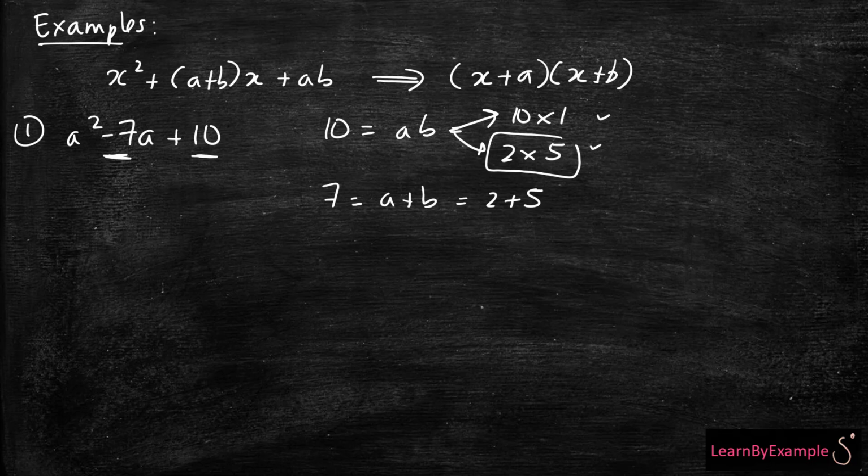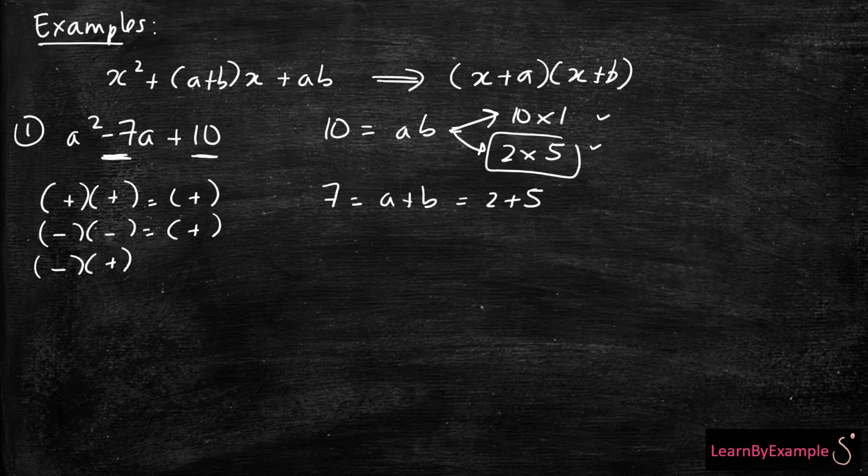But you have to be careful here because they're asking for minus 7, so you have to keep your sign conventions in mind all the time. Two positives multiplied by each other give a positive. Two negatives multiplied also give a positive. A negative times a positive gives a negative.